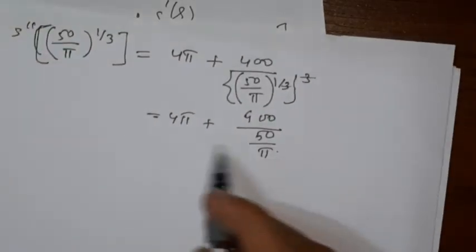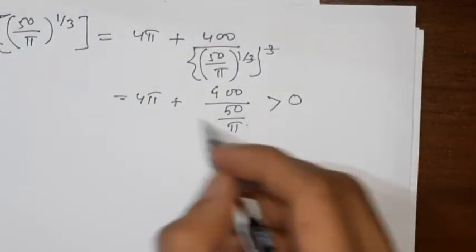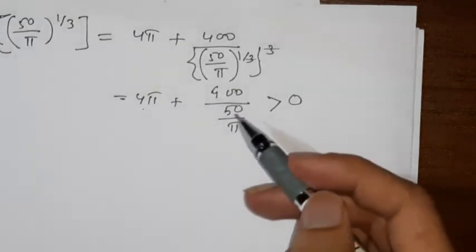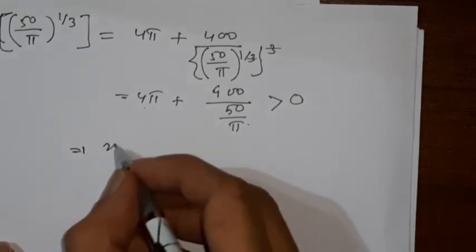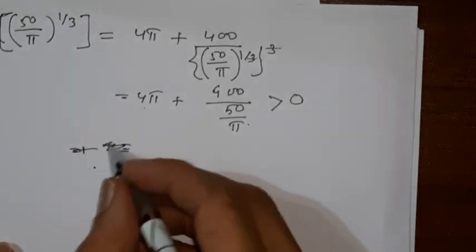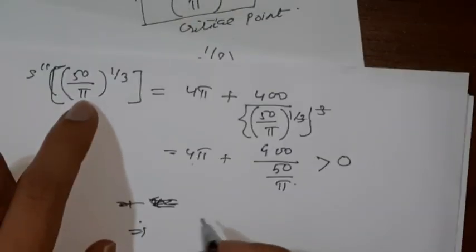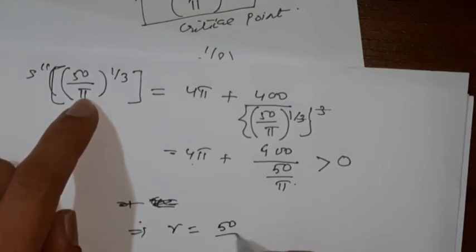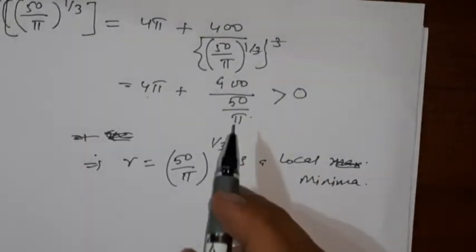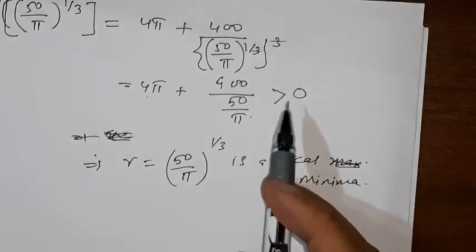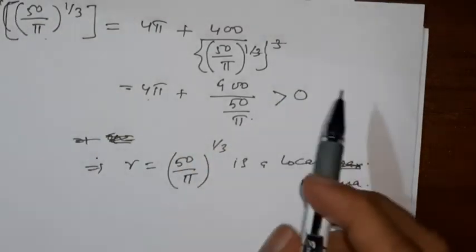Now whatever this is, it is positive, because there is no minus anywhere. So this will be positive. So that means R is equal to 50 by pi raised to 1 by 3 is a local minima, because S double prime of this point is greater than 0.